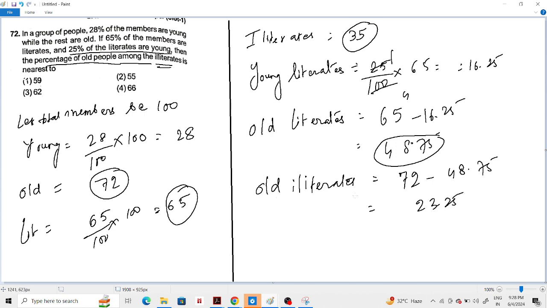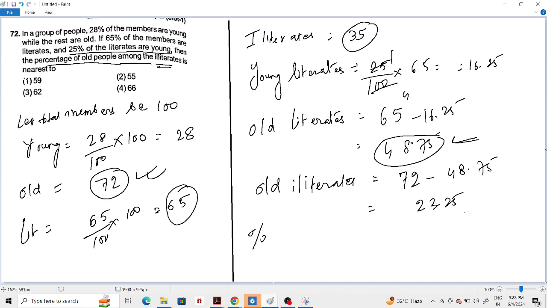This is the number of old illiterates. You need to understand from where we are subtracting what. So total old people are divided into two parts. One is literate and the other is illiterate. Out of which literates is 48.75 people. How many are illiterates? Subtract.